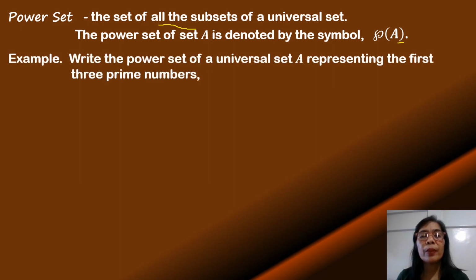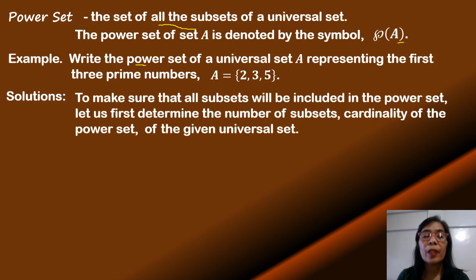Let us have this example. If the universal set A represents the first 3 prime numbers, then its elements will be 2, 3, and 5. So if we are required to find the power set, it is important to know how many subsets there will be for this set A. So we have to determine first the number of subsets for the set A. And the number of subsets of set A now becomes the cardinality of the power set.